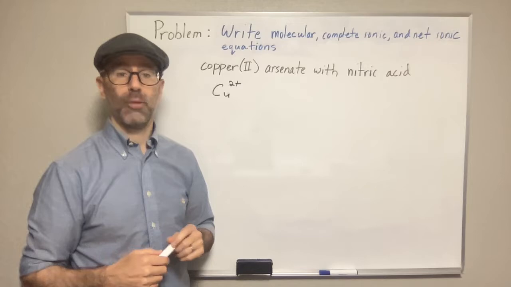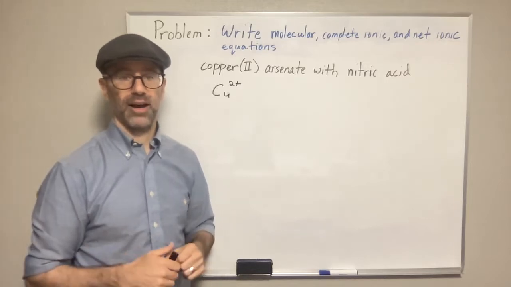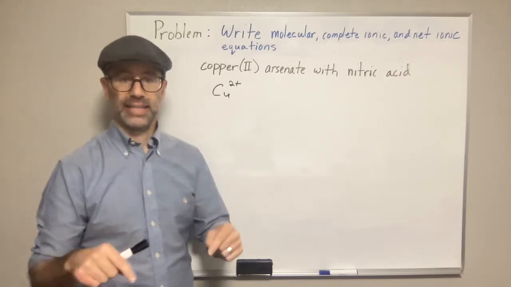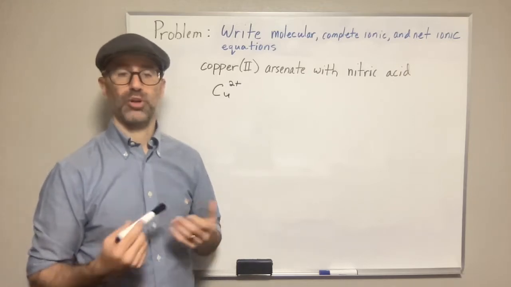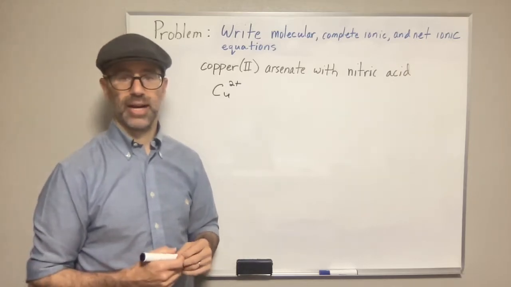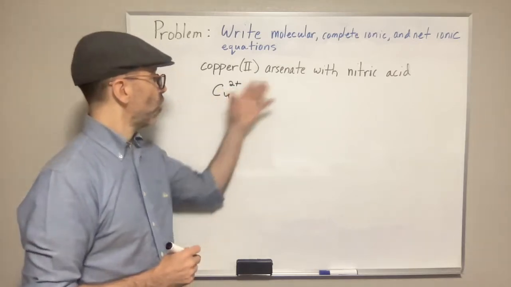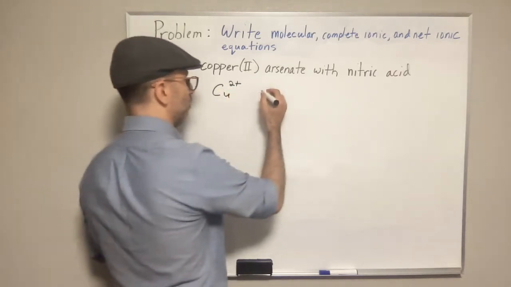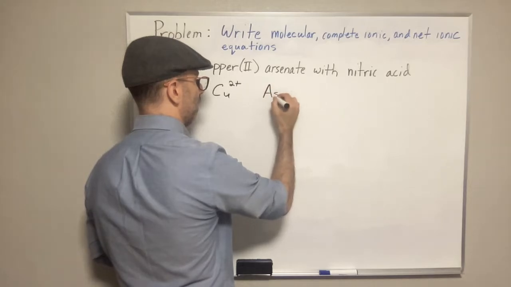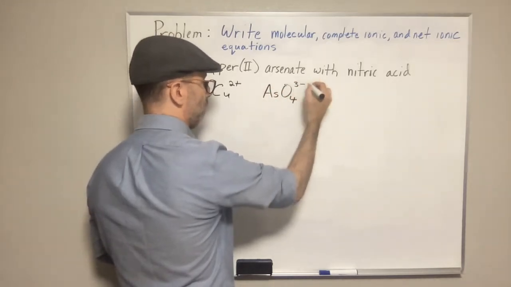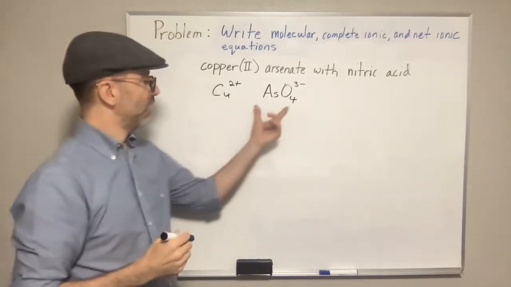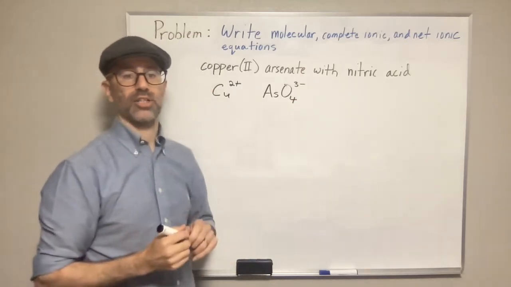If you need help memorizing them, I have a couple of videos linked in the description that go over patterns and helping you memorize those polyatomic ions. So arsenate here, that is going to be AsO4 3-. So that is the formula and charge of arsenate.